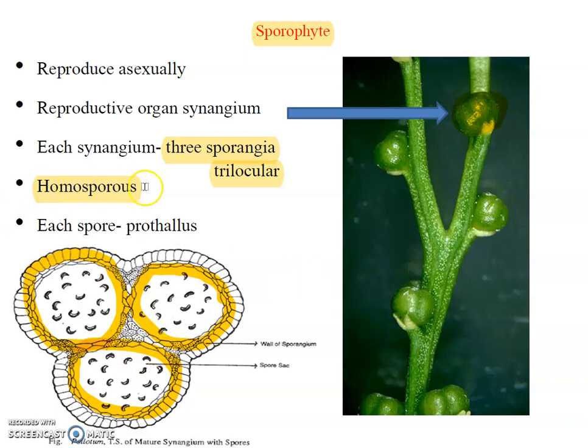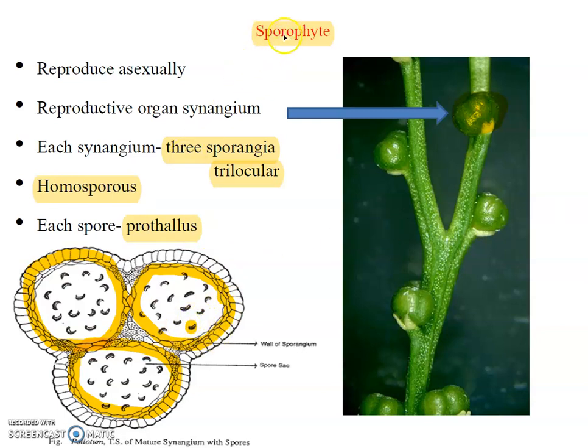When the spores are liberated, the jacket of this synangium breaks down. These spores germinate on a suitable substrate, on the ground or at the base of the forest, and they produce a prothallus.